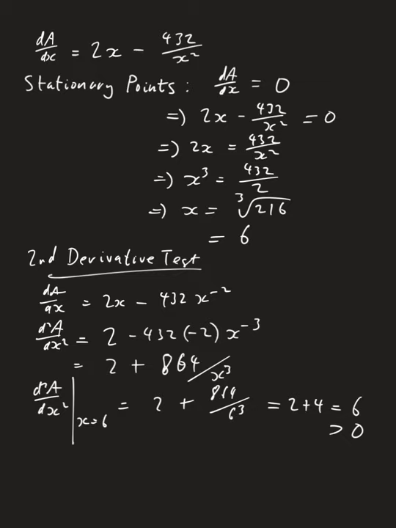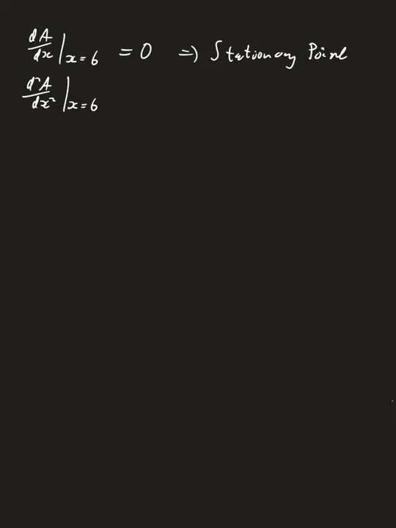So we have a stationary point at x equal to 6 with a positive second derivative, so it's a local minimum. At x equal to 6, the first derivative is 0, so it's a stationary point. The second derivative is positive, so it's a local minimum. Finally, it's the only stationary point, and it's a local minimum, so it must be the global minimum.